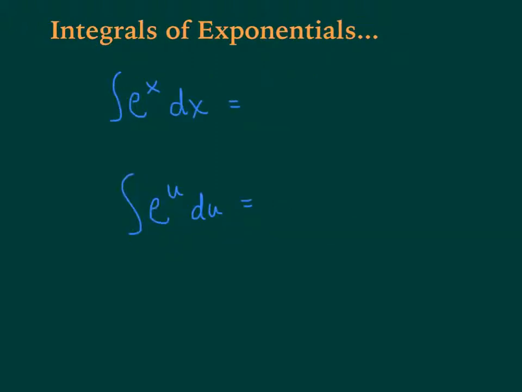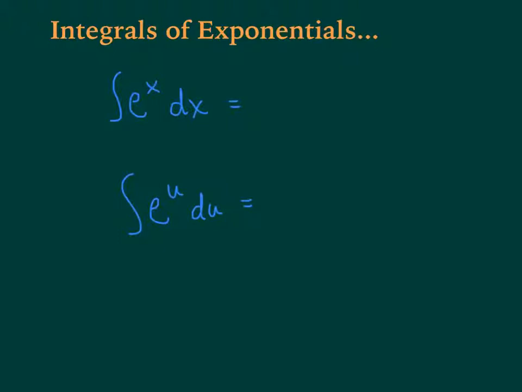All right, so let's reason this out. Remember that when we take the integral of something, it's going backwards. So I want you to think about this question. If it's asking for the integral of e to the x dx, it's saying whose derivative is equal to e to the x? The derivative of what thing would give me back e to the x?